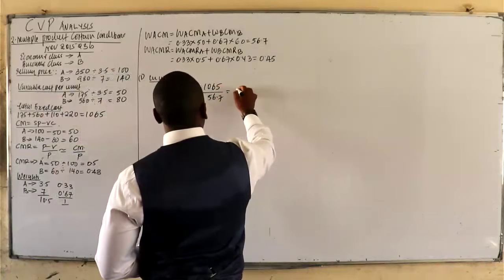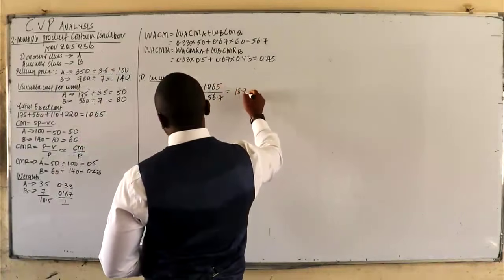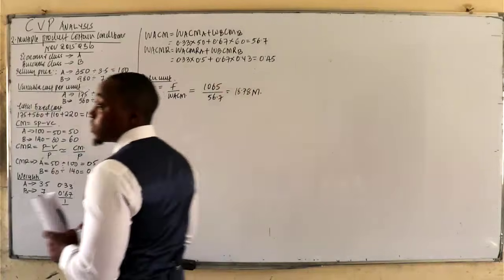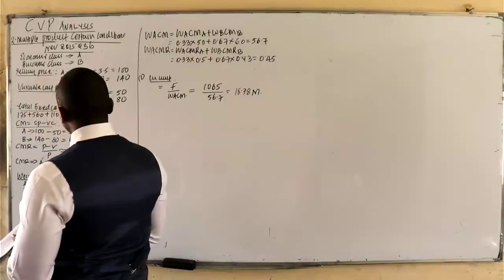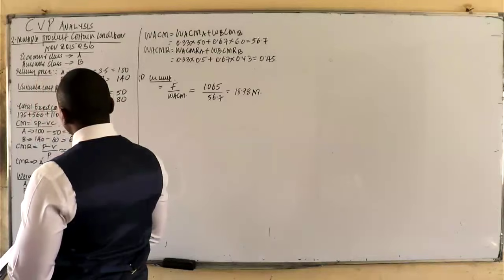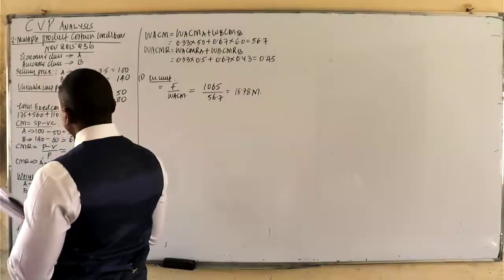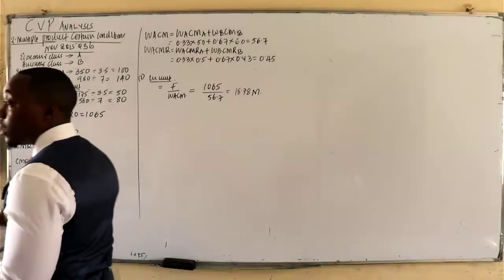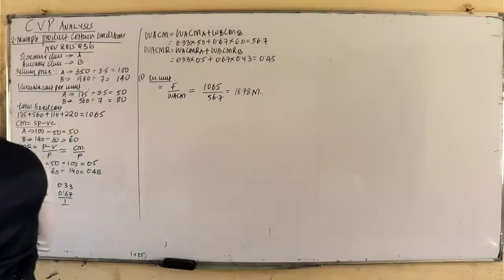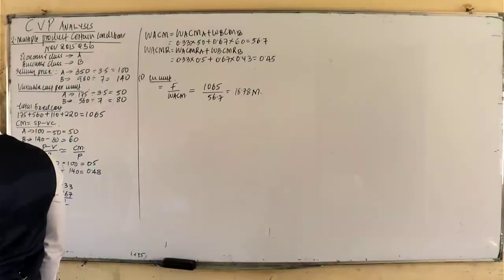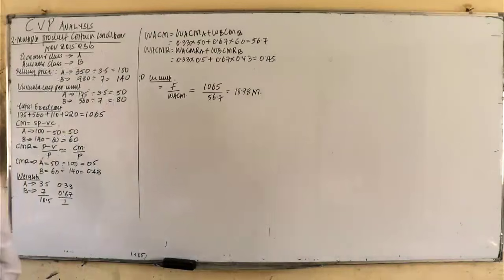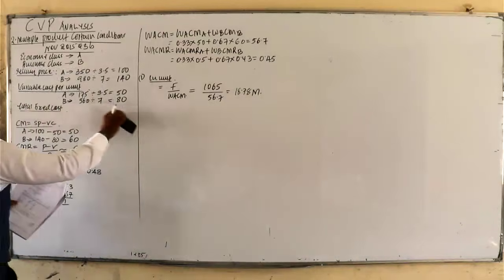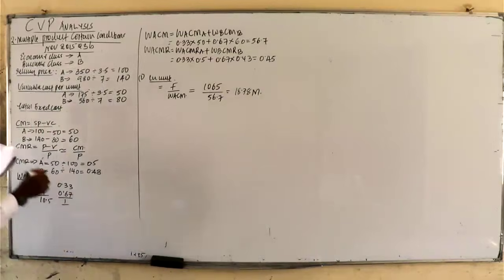Sorry? 0.7? Fixed cost? Right. Oh, it was supposed to be the fixed.